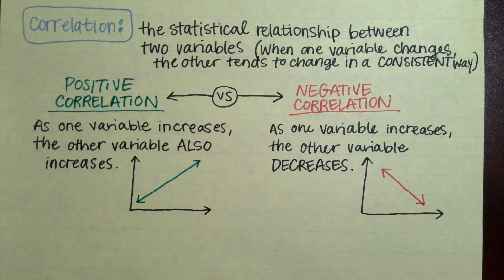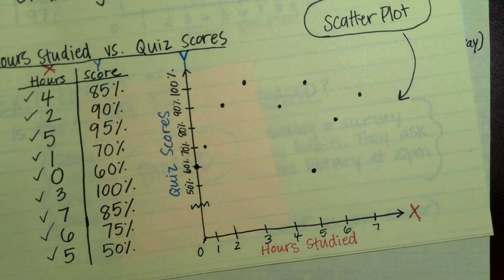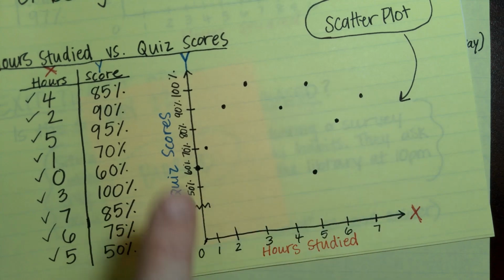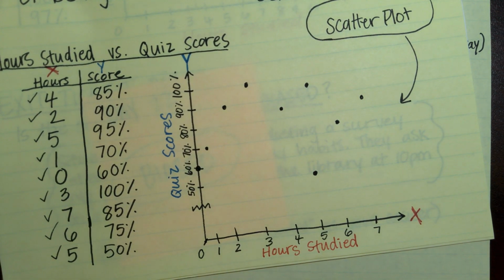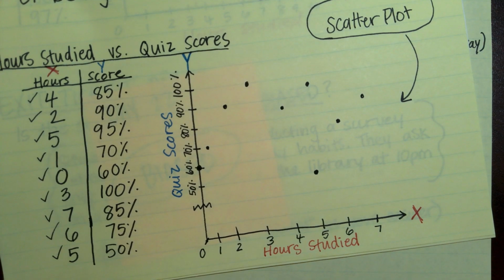If it's correlated, we're going to be able to draw a pretty simple line. While if it's not correlated, it might look like what we did yesterday when we plotted those hours studied versus quiz scores. This has no correlation here. We cannot draw any conclusions from this graph. There's not a lot of correlation.